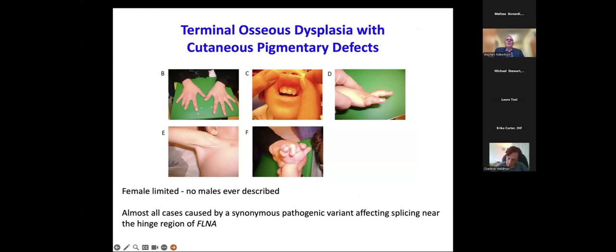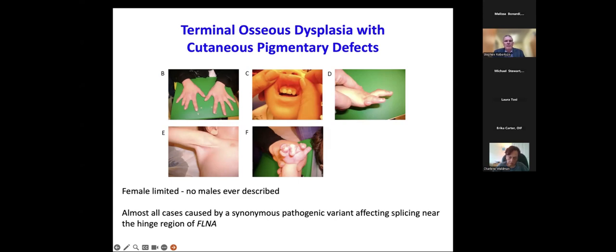The final filamin A related disorder I want to introduce to you is indeed exclusively female limited, and not only female limited, but also defined by a single synonymous pathogenic variant that's found very close to the hinge region in the middle of the filamin A rod. So this condition has pronounced extraskeletal manifestations as well as a skeletal dysplasia.